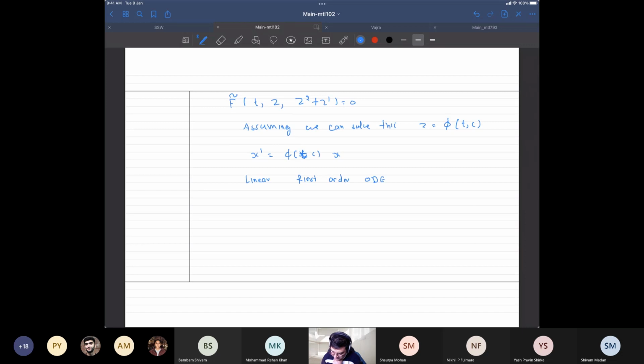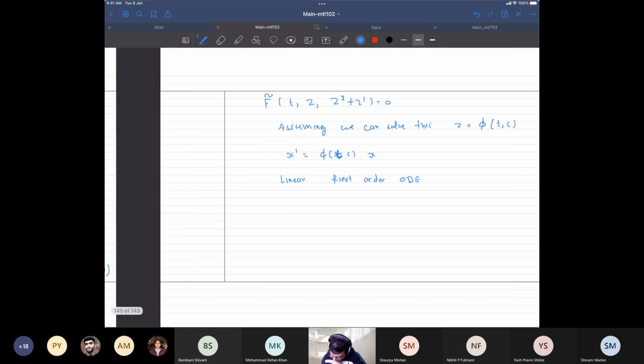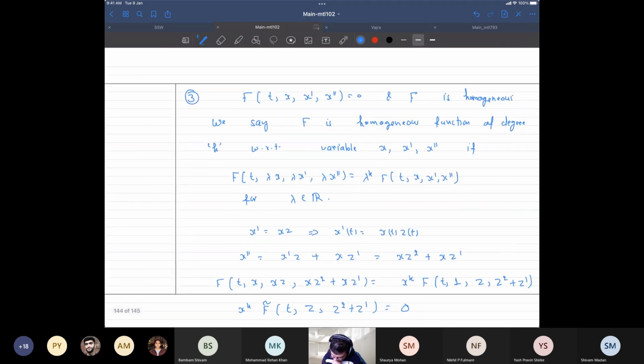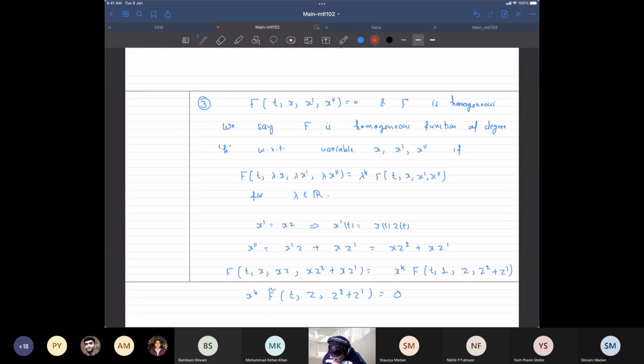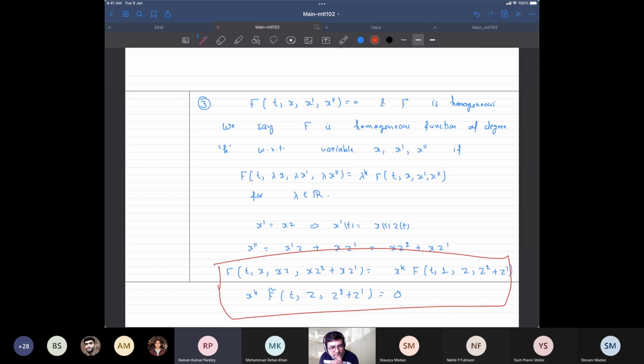So basically you have to use this homogeneity, that f is homogeneous, this trick. Excuse me, sir, lambda can be a variable also, because in this case we are taking x to be... isn't lambda a constant? It's just a function, it doesn't matter what lambda is.